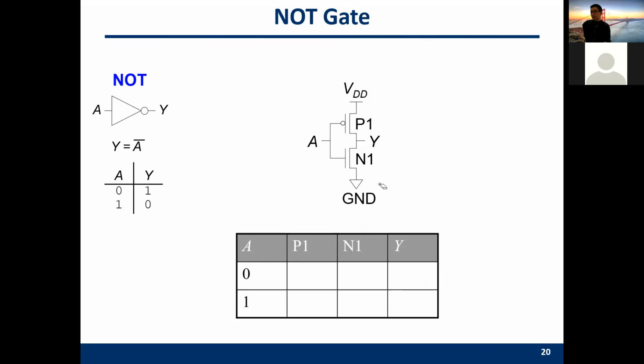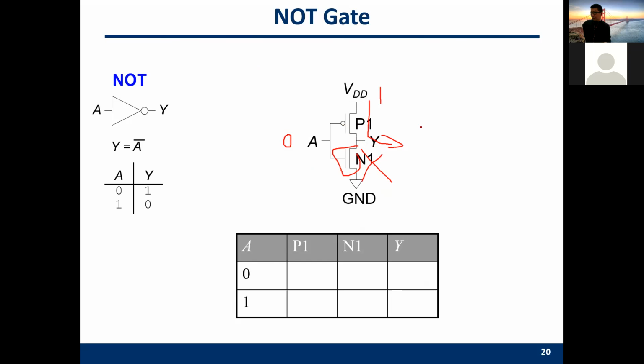On the contrary, if I give a 0 here, then this one is open. Open means nothing can go through this NMOS, but this one is closed. The PMOS is closed. So this 1 can go through this gate and reach the Y point.